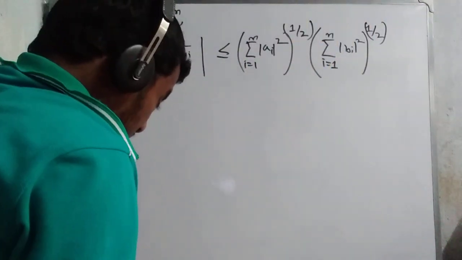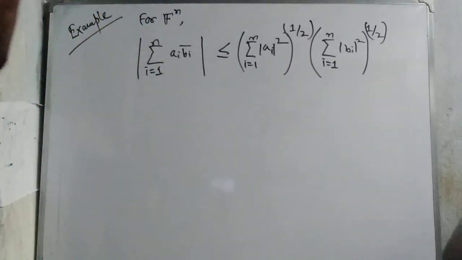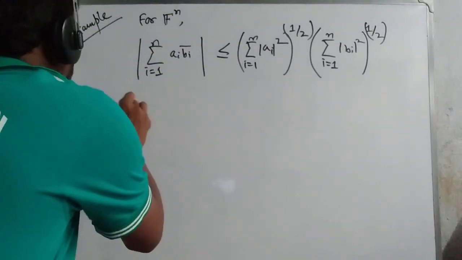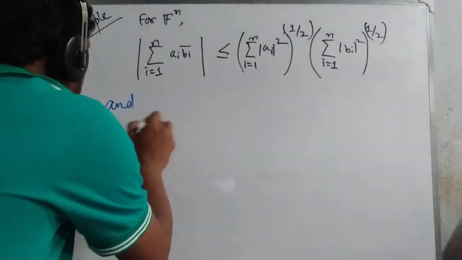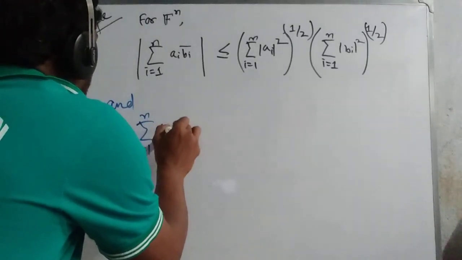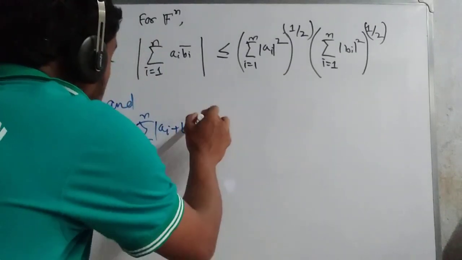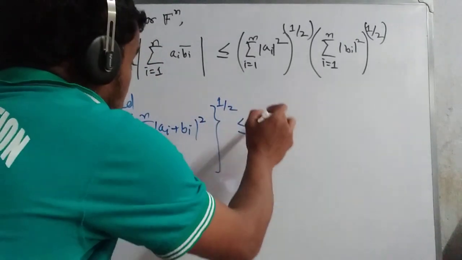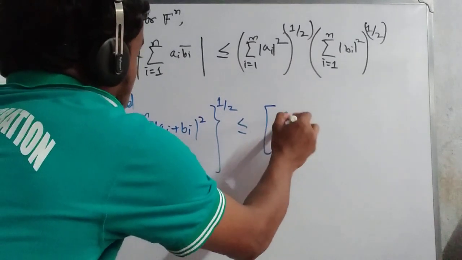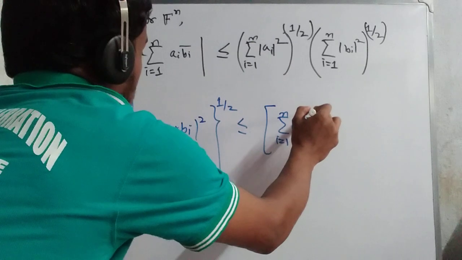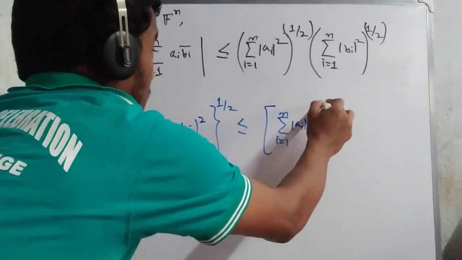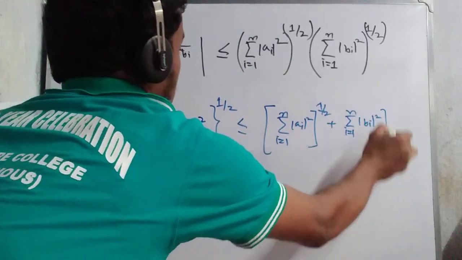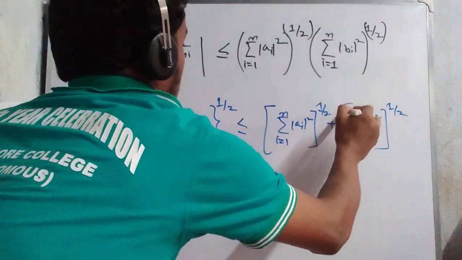And obviously we also write it in this way: the summation for i equal to 1 to n of a_i plus b_i, modulus squared, whole to the power half, is less than or equal to the summation for i equal to 1 to n of the modulus of a_i squared whole to the power half, plus the summation for i equal to 1 to n of the modulus of b_i squared whole to the power half.